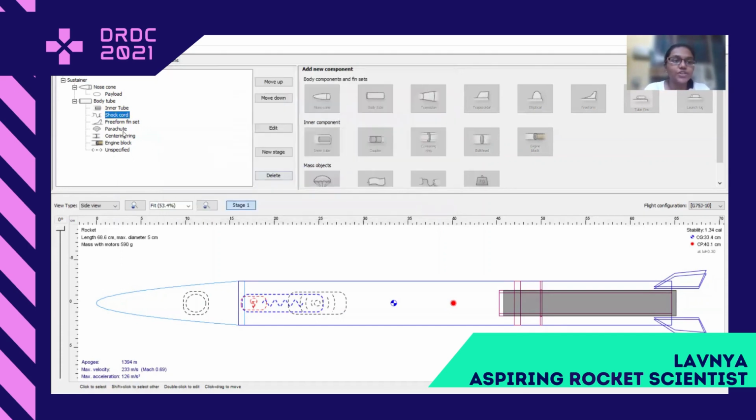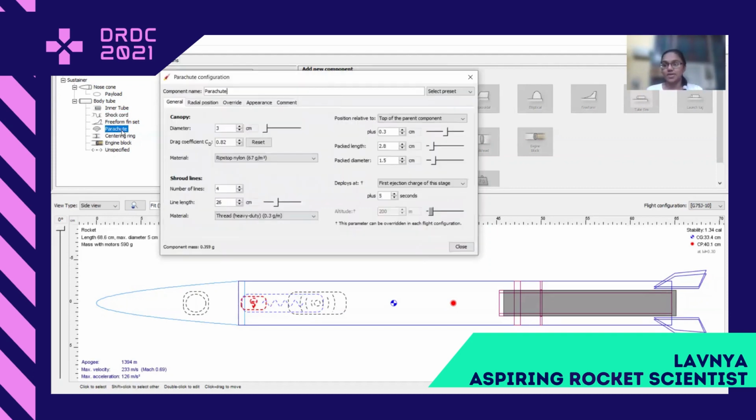Now the parachute. The recovery system which we are going to use here is the parachute. The canopy's material is ripstop nylon, the most common material we come across. I don't want to compromise on safety or any other factors, so the parachute must be of good quality.